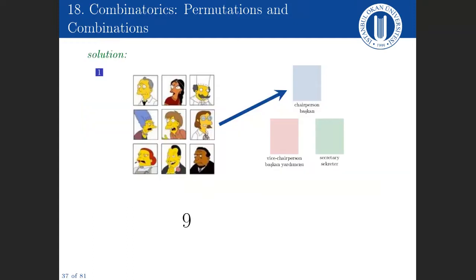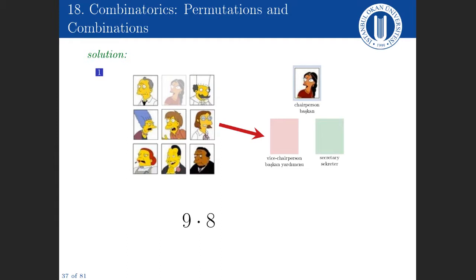Let's look at question 1 first of all. We need to choose a chairperson, a vice chairperson, and a secretary from these 9 people. First, we choose the chairperson. We have 9 different people to choose from, so we make our choice. Then we move on to choosing the vice chairperson.